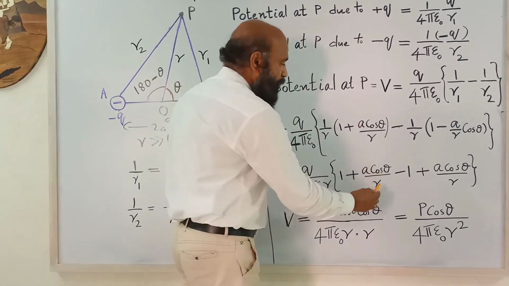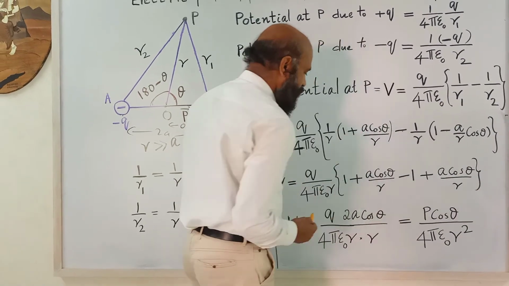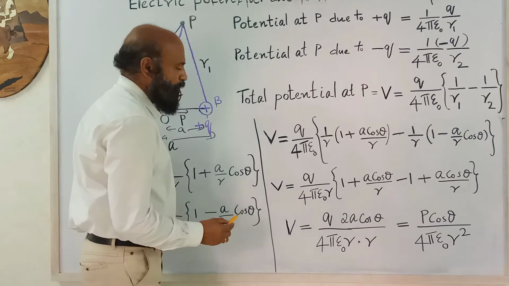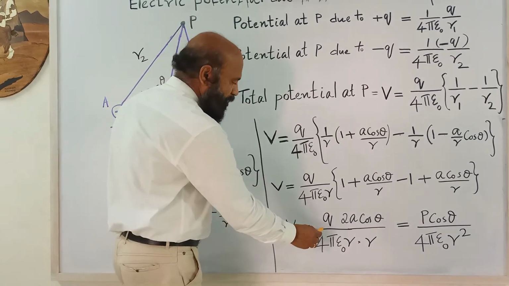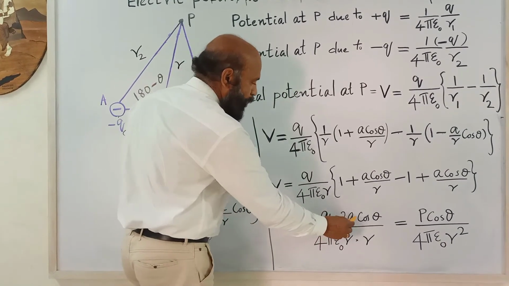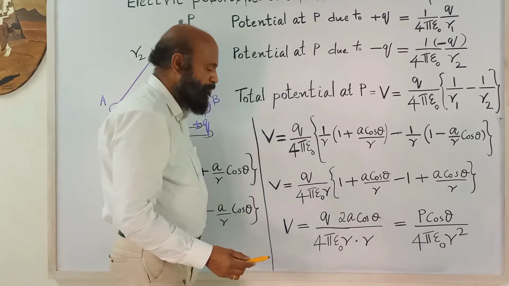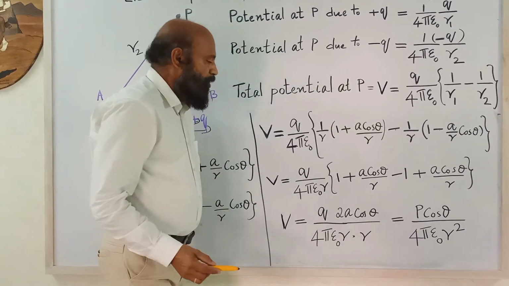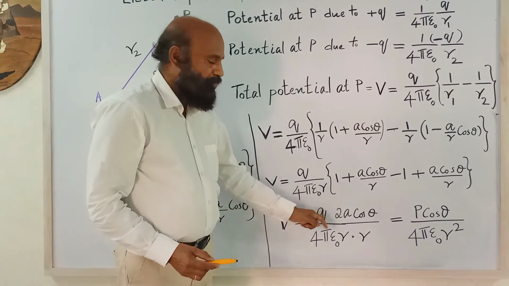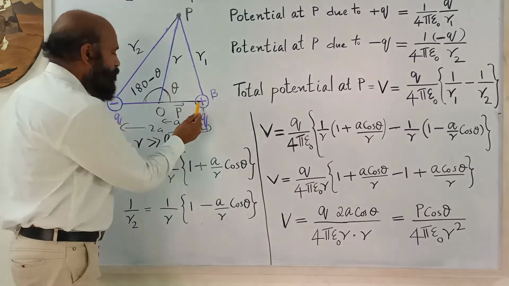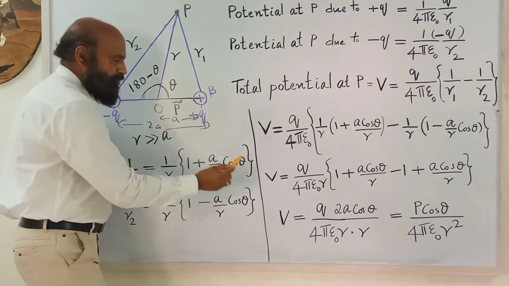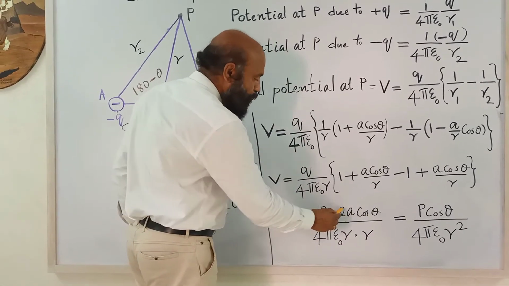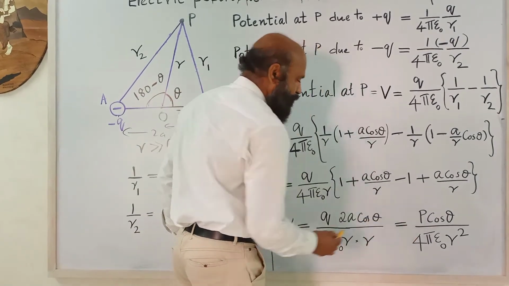A cos theta by R plus A cos theta by R will be 2A cos theta by R. So total potential is given by this relation, Q into 2A cos theta divided by 4 pi epsilon 0 R into R. Now Q into 2A, one of the charges multiplied by the distance between the charges, is electric dipole moment. So for this Q into 2A, you can write P.